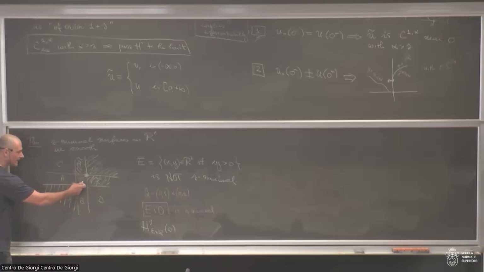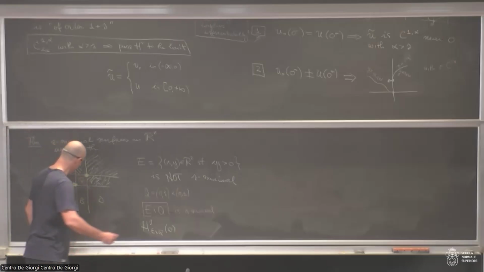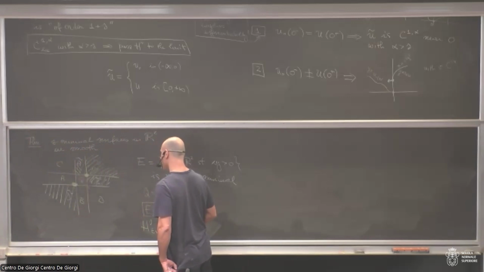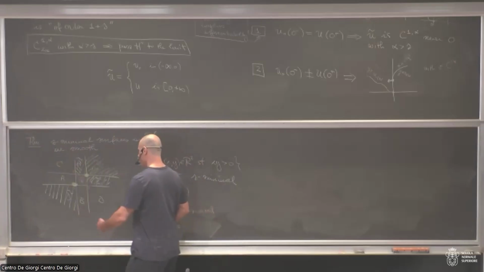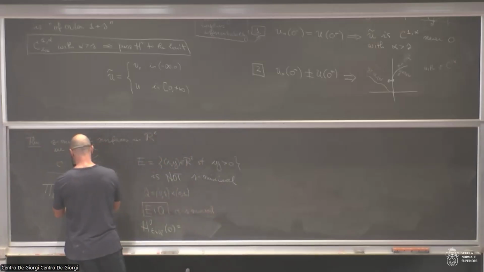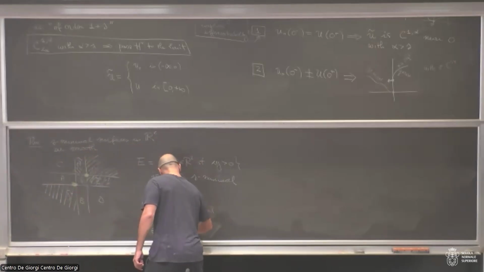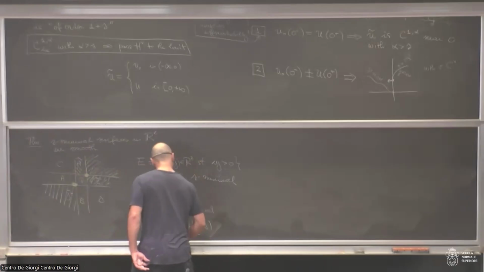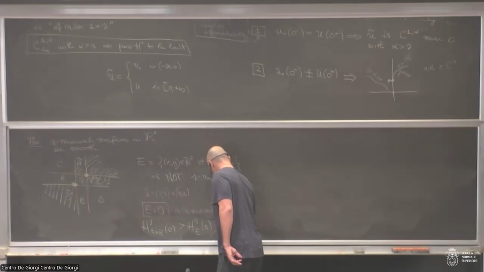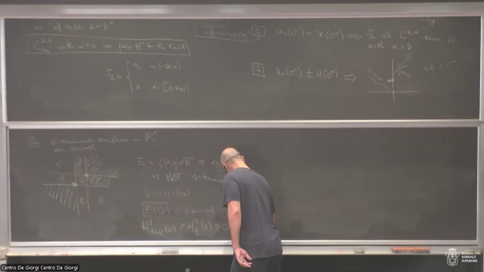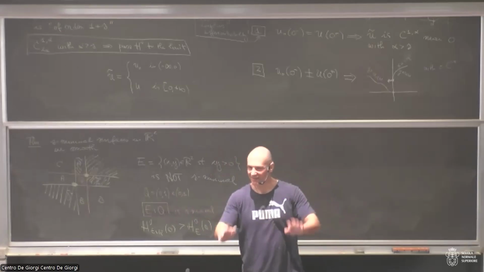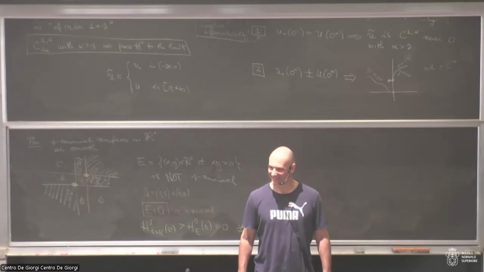But now Q is excluded, so I'm counting less set than E. So it has larger s-mean curvature, but this was 0 to start with, and so this is a contradiction. And with this, I think my time is over, and we can have a rest.